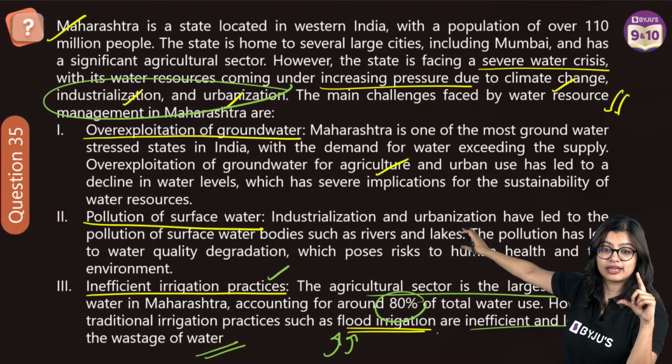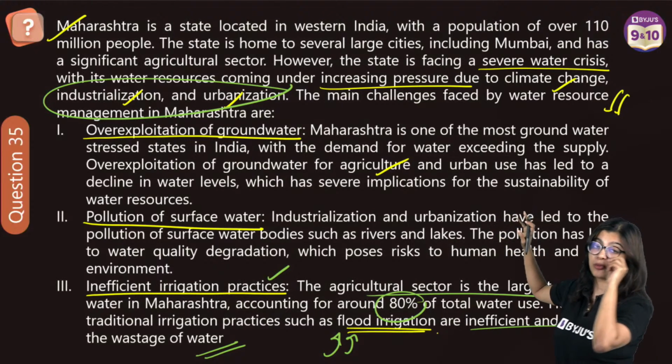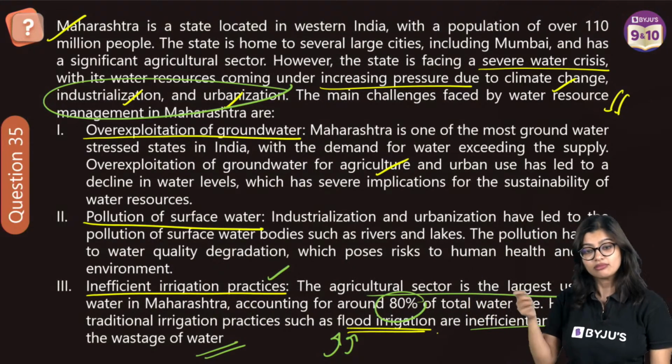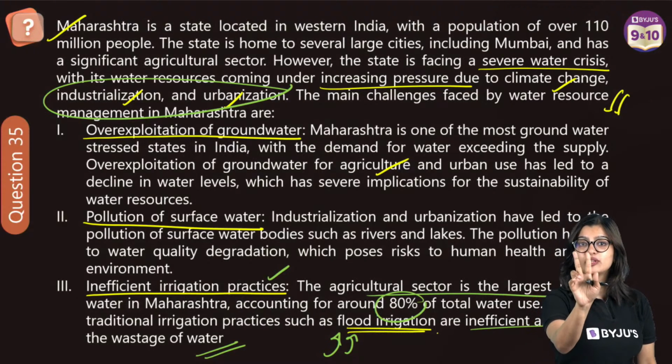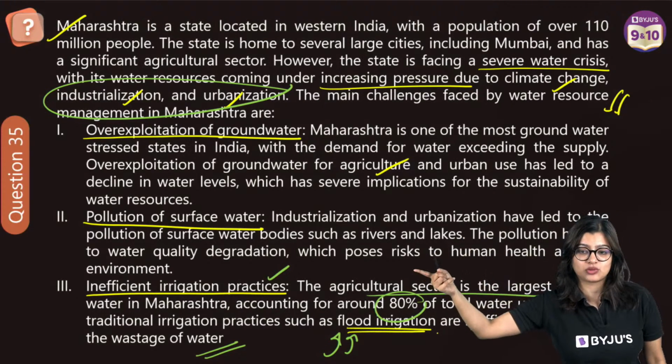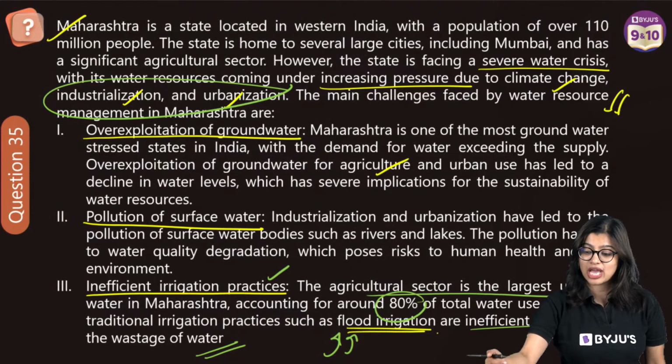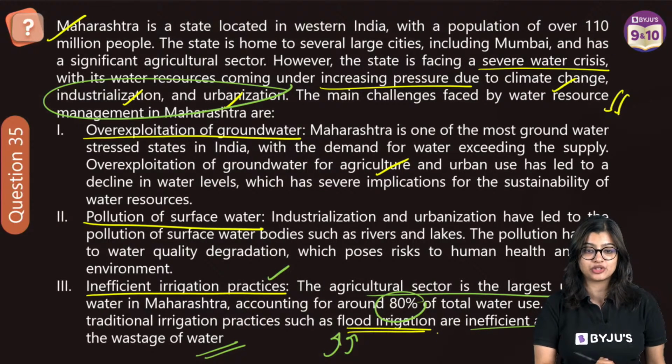Remember that part wherein they are talking about this particular case, right? There are two things. One is in general why we face water crisis. But here it is with respect to what is given. Main challenges faced by water resource management. You will have to write it now. Are you all clear?